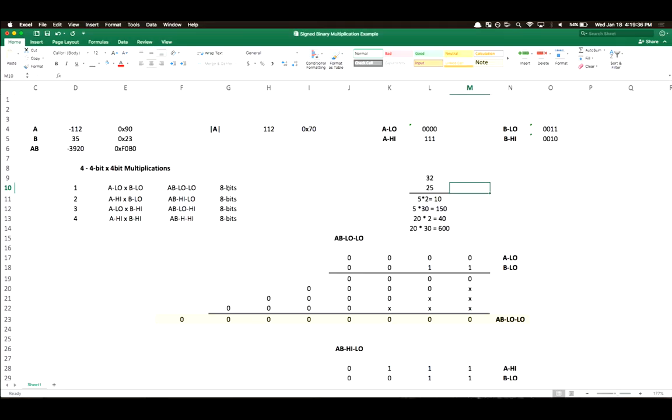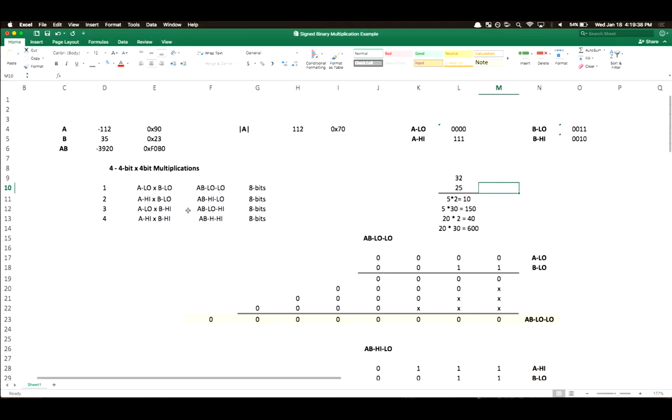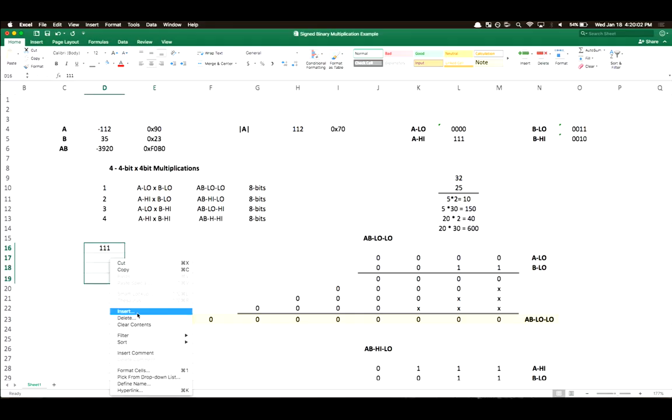So when we do A high times B low, we get 8 bits. Those 8 bits need to be offset by some amount. Because if we look at A high, we know it's 0x70, so 0, 1, 1, 1. Let's write it here.